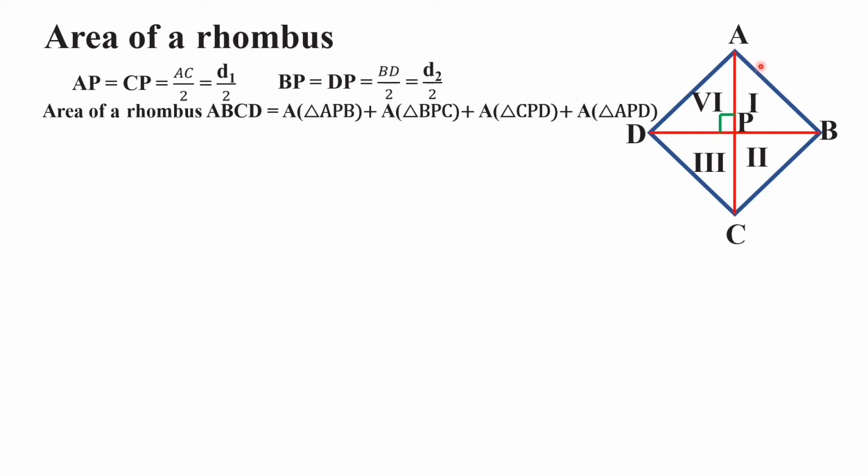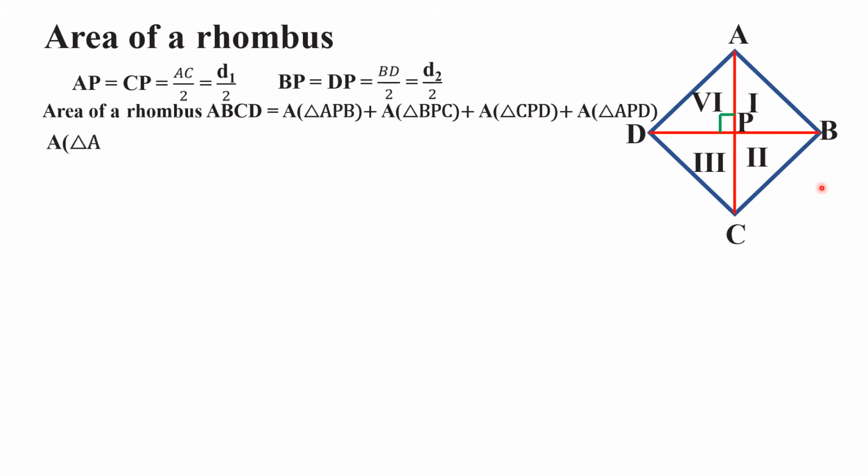Now find out the areas of the triangles. These are right angle triangles, so the area of a right angle triangle is equal to 1 upon 2, or half, into the product of the right angle sides. Here in triangle APB, the right angle sides are BP and AP.